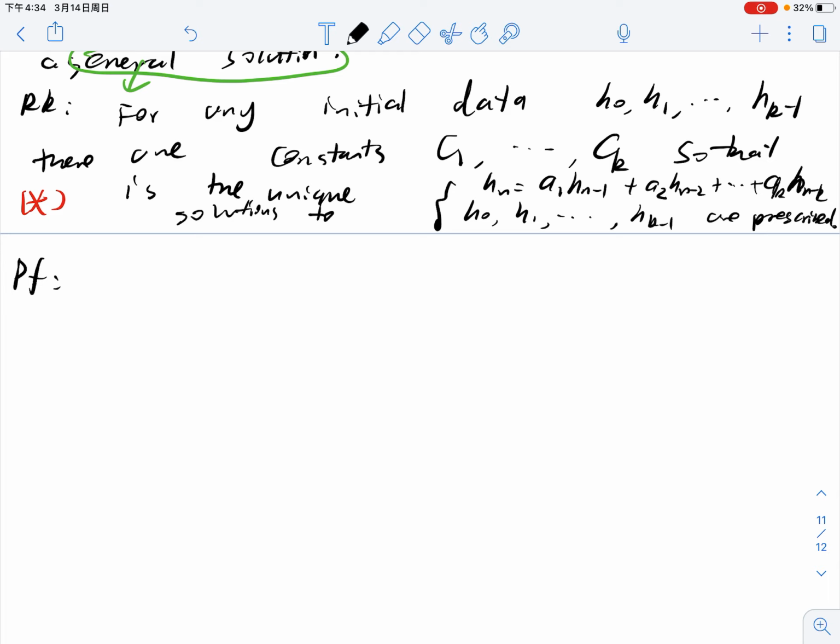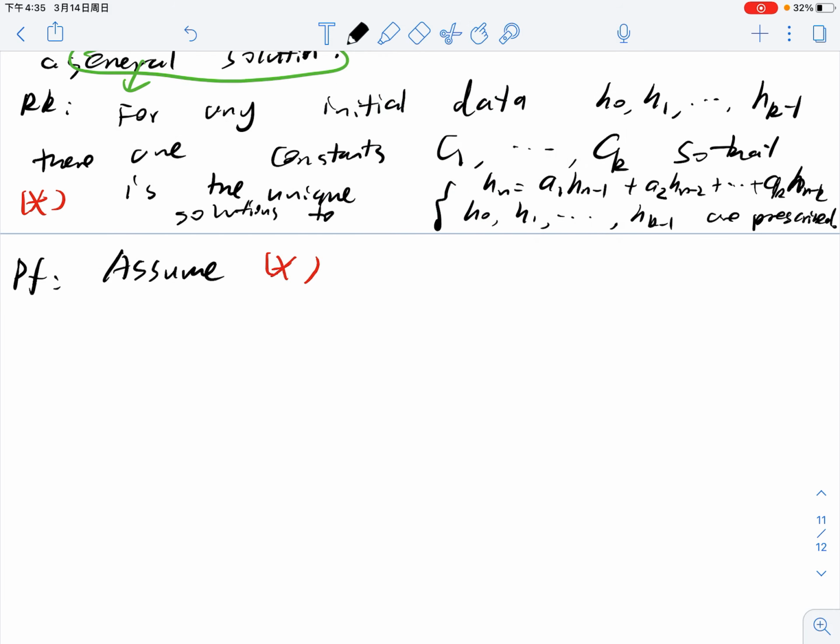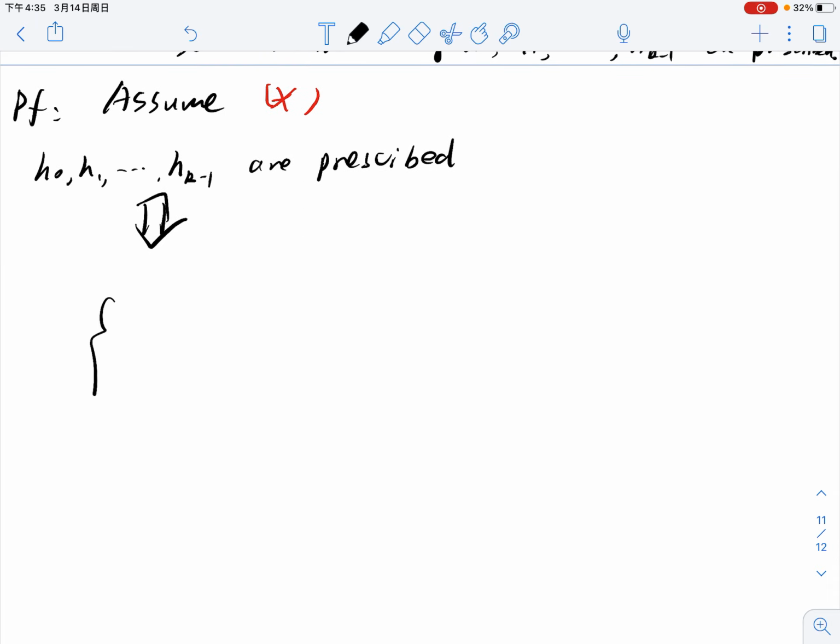So the proof is quite easy if we admit some linear algebra fact. So assume star, then we have H0, H1, Hk minus 1 are prescribed. It means that if that is a solution, then H0 is C1 plus C2 plus all the way to Ck.